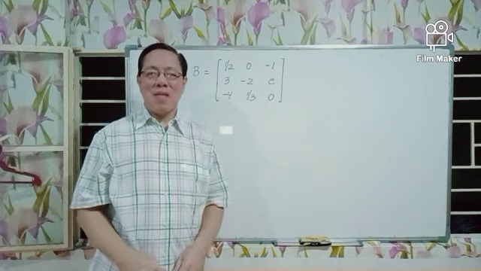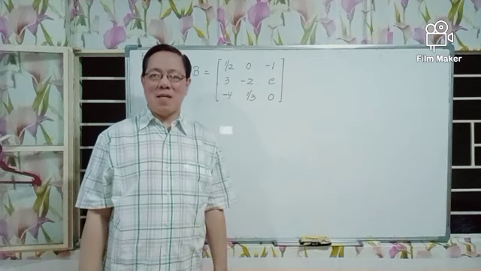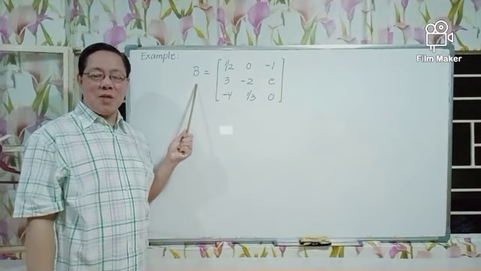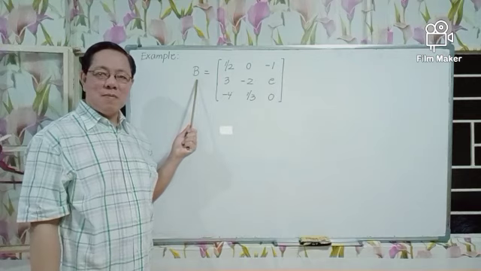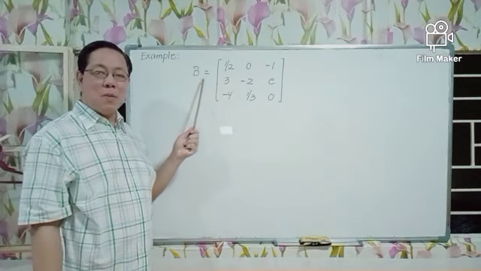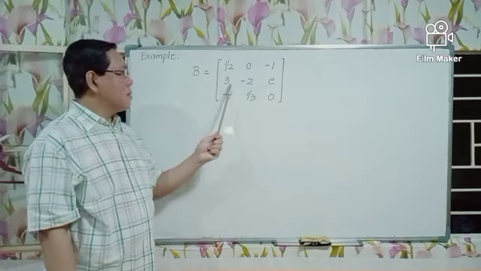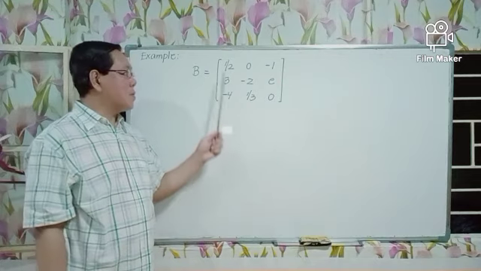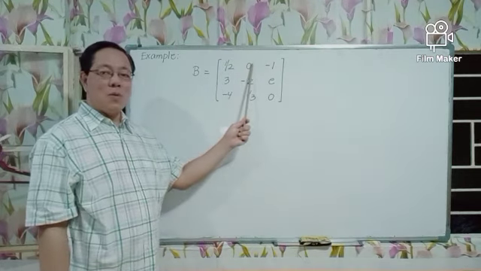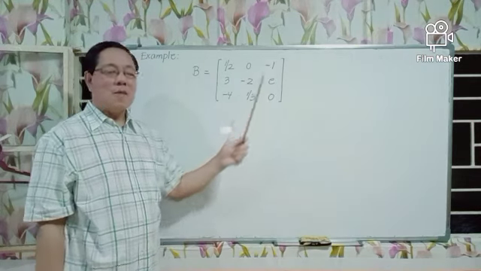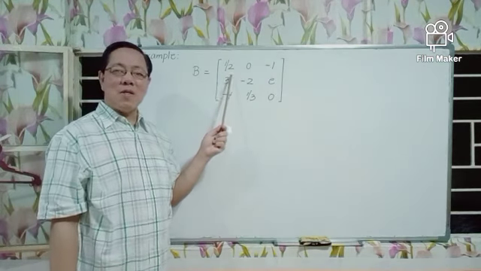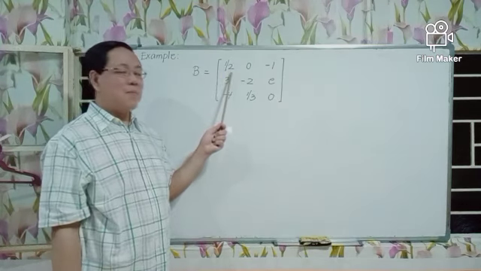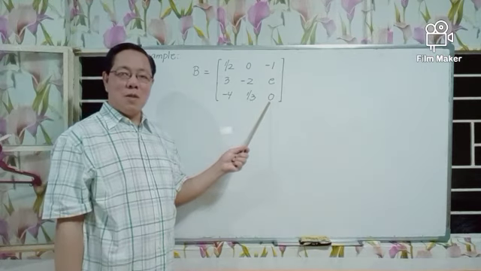We now take a particular example of a square matrix. This matrix denoted by capital letter B is a square matrix. It has 3 rows, 1, 2, 3, and it has 3 columns, column 1, column 2, and column 3. The diagonal entries of this square matrix B with size 3 by 3 are 1/2, -2, 0.